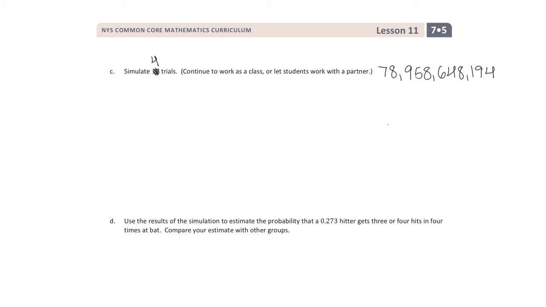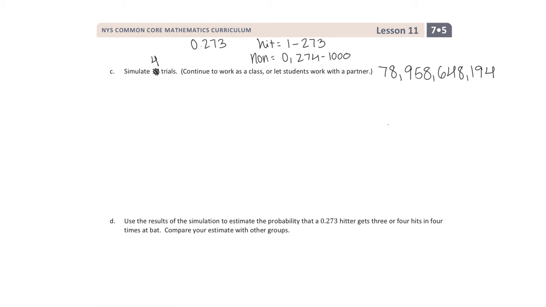Now, remember, we're still working with the 273 thousandths, and so what we want to find is a number for our hit is going to equal 1 through 273, and then a non-hit is going to equal 0 or 274 through 1000.